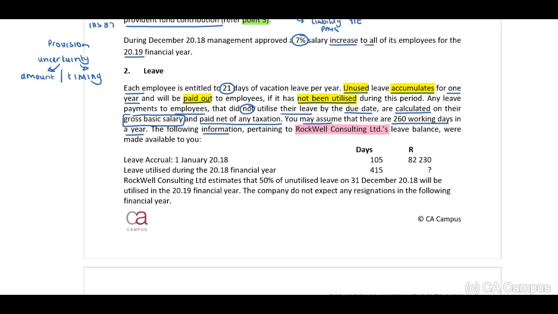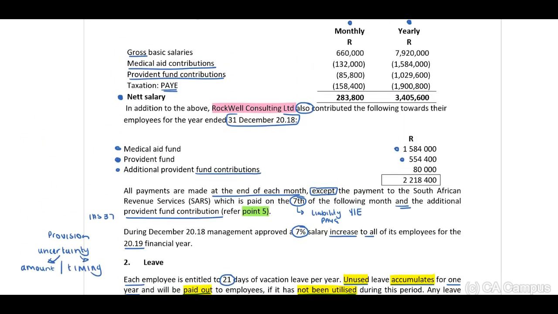Leave payments to employees that did not use their leave by the due date are calculated on their gross basic salary and paid net of any taxation. Therefore, the leave not used will be based on the gross basic salary. Therefore, when we look at the scenario, our gross basic salary amount, right?